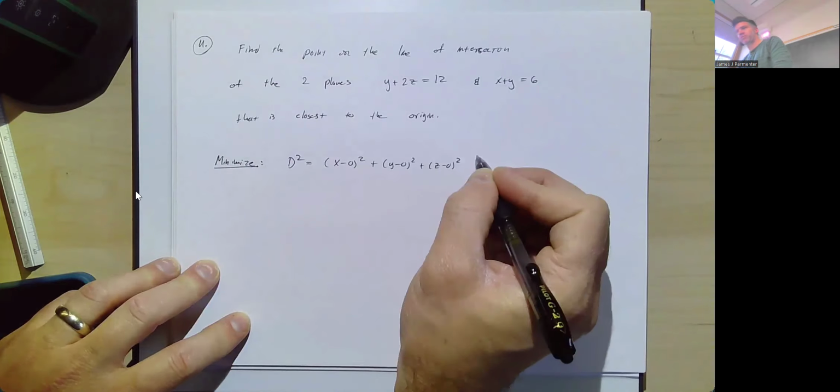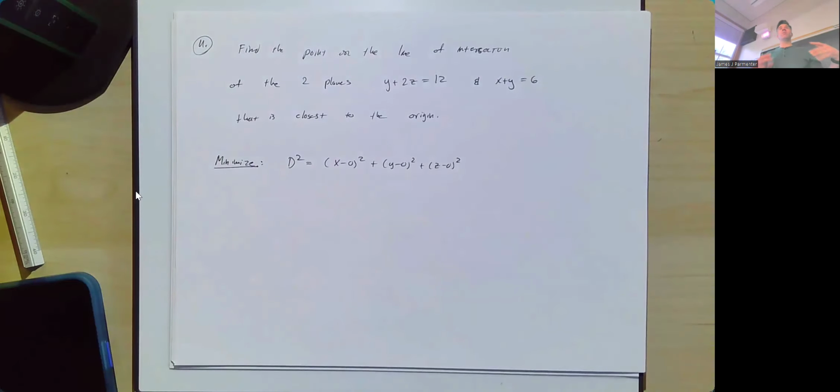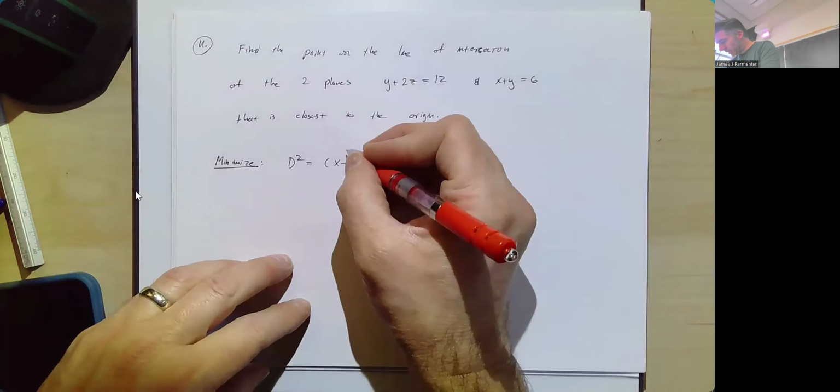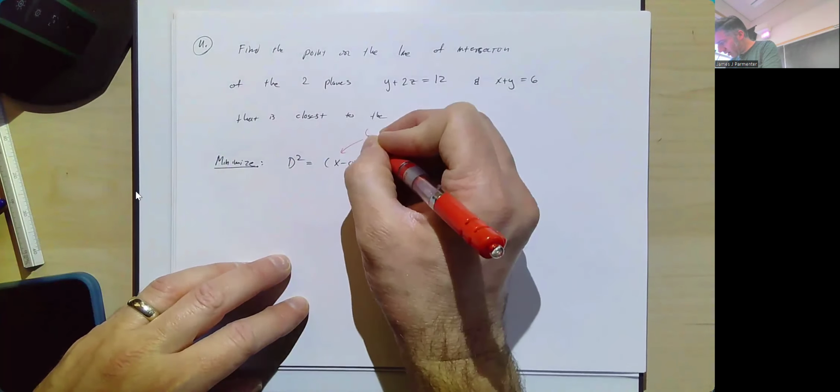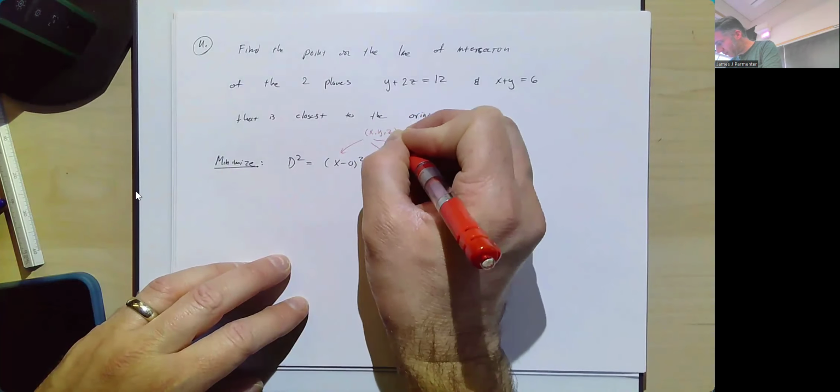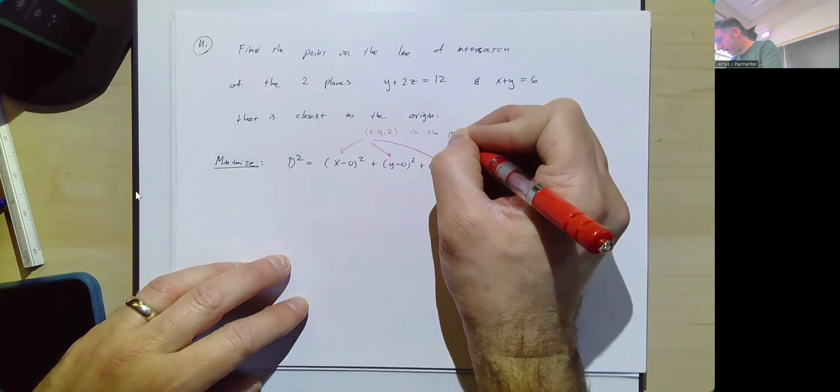I should be a little bit more expository here. We're assuming the point is x, y, z, right? We don't know what it is, so we're just calling it x, y, z. And we're trying to find out how to make it the closest point to the origin, which is the point 0, 0, 0. So this x, y, z is our unknown point, the point we're trying to find.